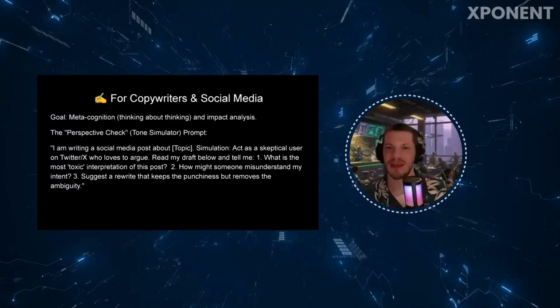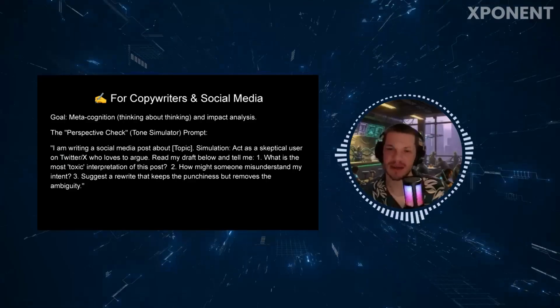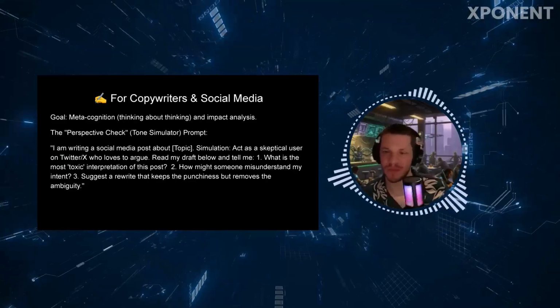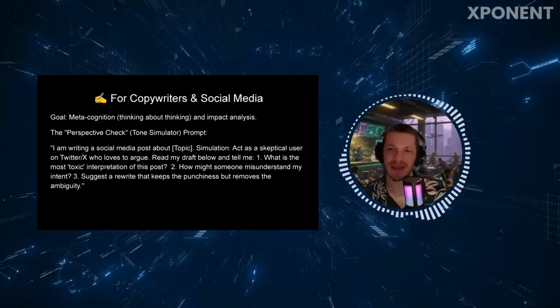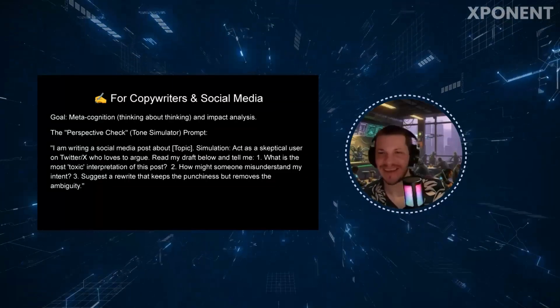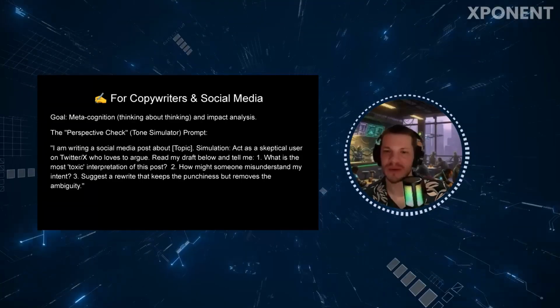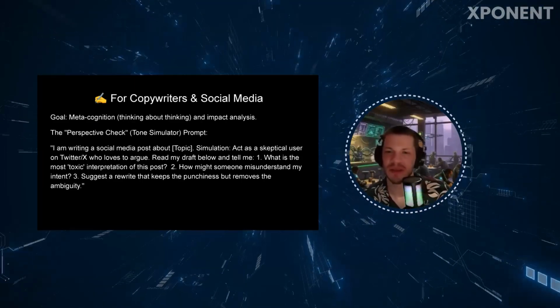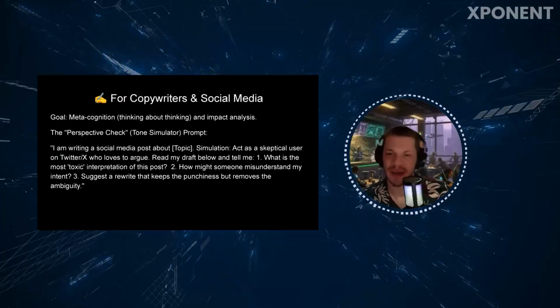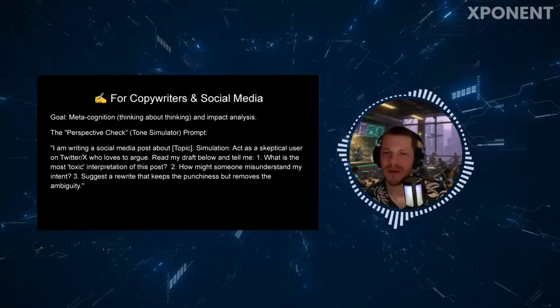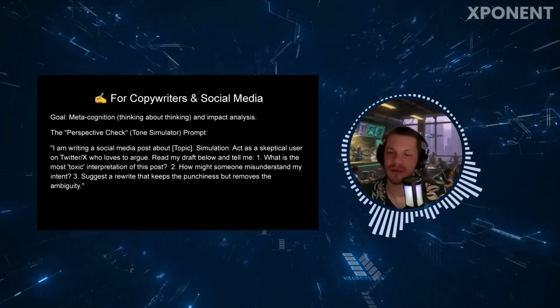So let's say you ask the AI, I'm writing a social media post about your topic, simulation. Act as a skeptical user on LinkedIn who loves to argue. Read my draft below and tell me, one, what is the most toxic interpretation of this post? Two, how might someone misunderstand my intent? Three, suggest a rewrite that keeps the punchiness but removes the ambiguity.